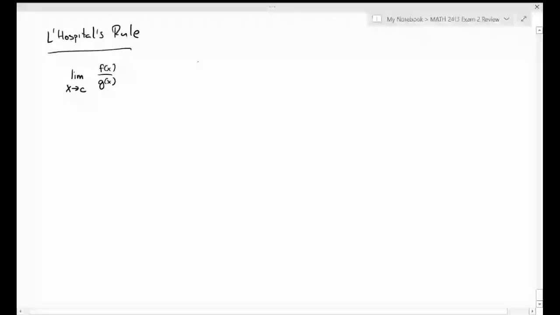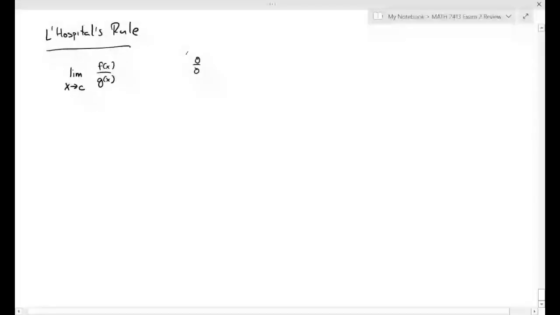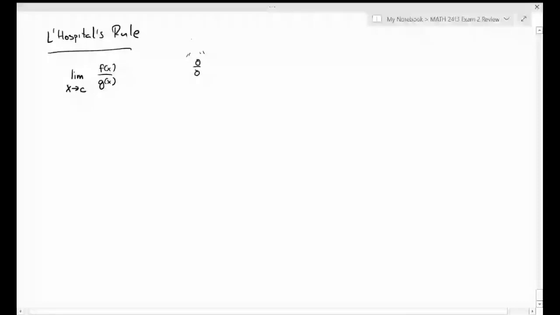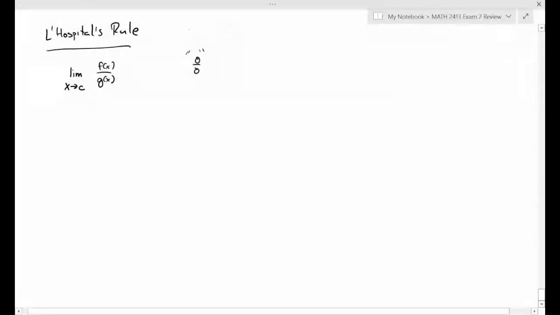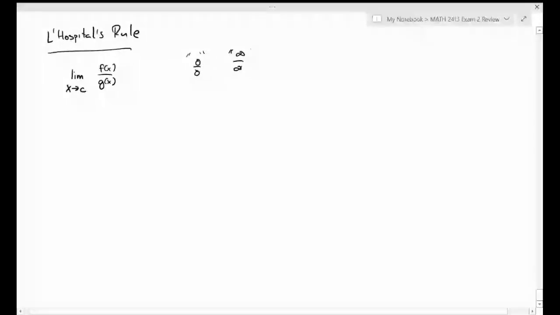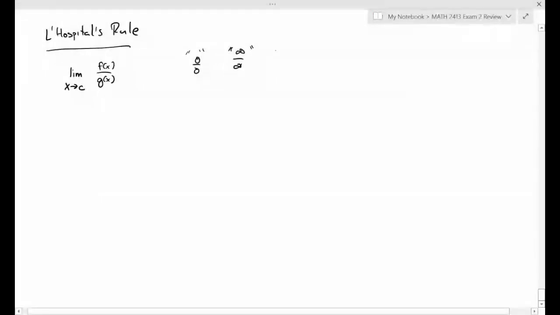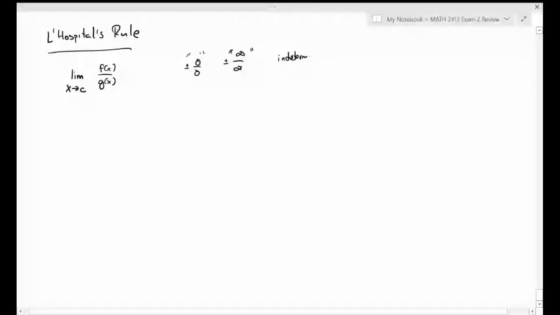If you get something like 0 over 0, right, as an indeterminate form, or infinity over infinity, or plus or minus those, these are indeterminate forms which are L'Hopital friendly. So you can apply L'Hopital.